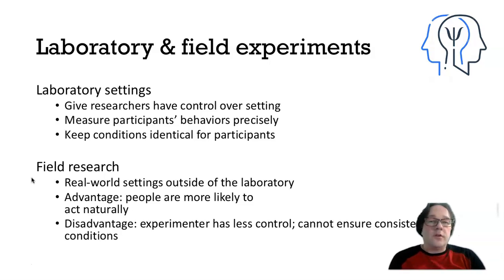In the real world, there's no laboratory. It's going to be very hard to control these outside types of variables, and that makes the findings more realistic. But it's a double-edged sword, right? Both settings are a double-edged sword.